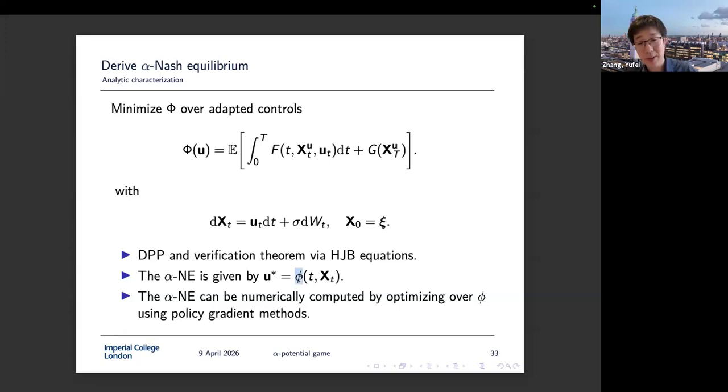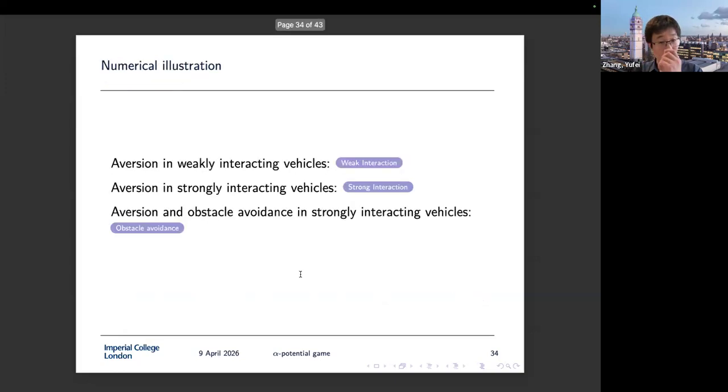Using this Markovian representation, you can solve it numerically by approximating this phi by a neural network and directly minimizing the potential function over such policies. This gives you an efficient numerical method to find the corresponding alpha Nash equilibrium of the n-player game. I want to give you some numerical illustration of how this interaction behaves.